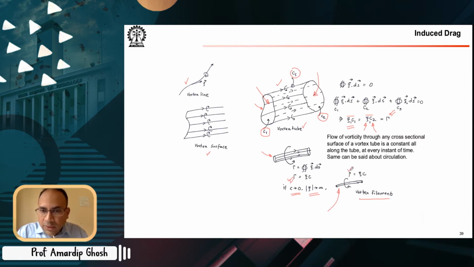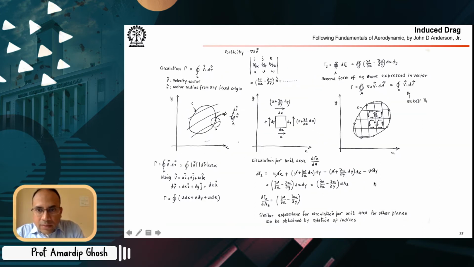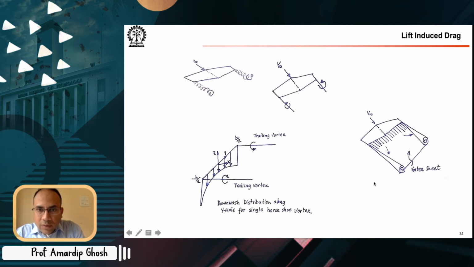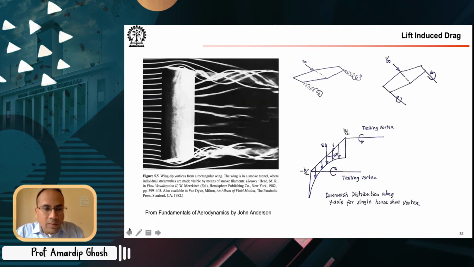But the strength of the vortex tube, if the strength here was this, then by shrinking it to this infinitesimal value, even though your area goes down, the vorticity goes up, so the product still stays constant.